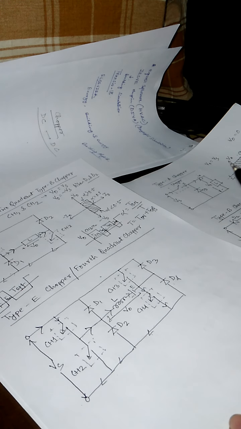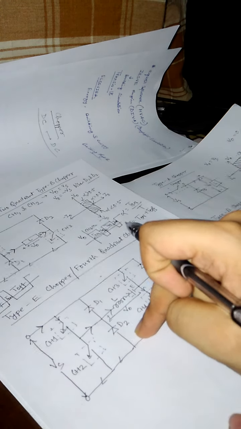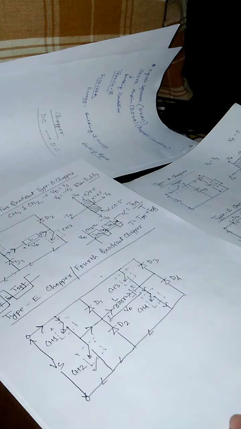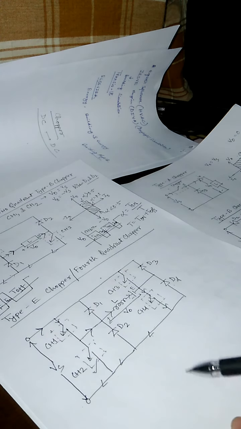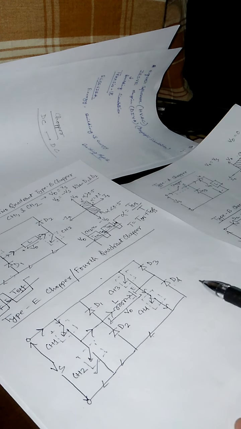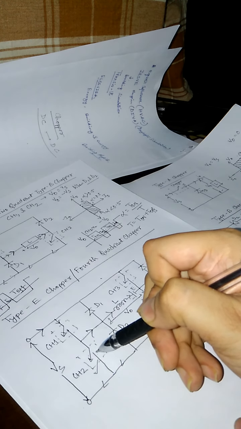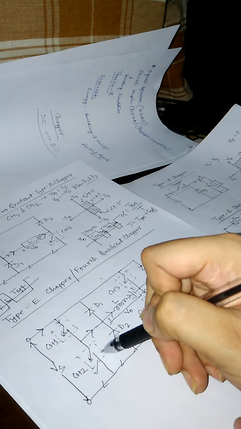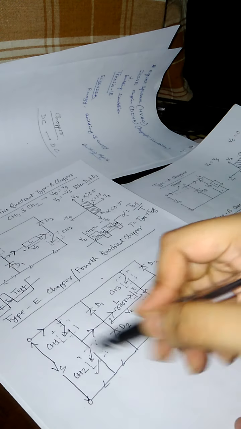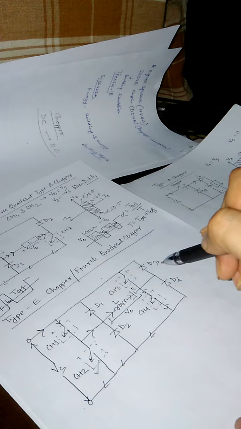Now when we are considering the second quadrant operation, all the other parts are in non-operating mode, only CH2 is in operating mode. Now if CH2 is in operating mode, then what will happen? See, this switch is going to be on. Now a reverse current is going to flow through the circuit.